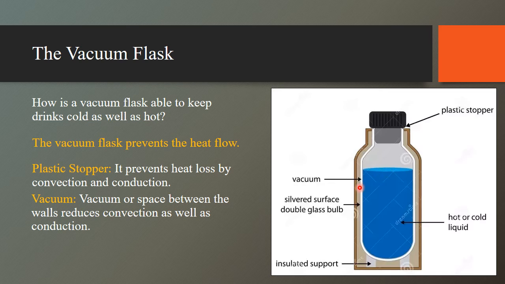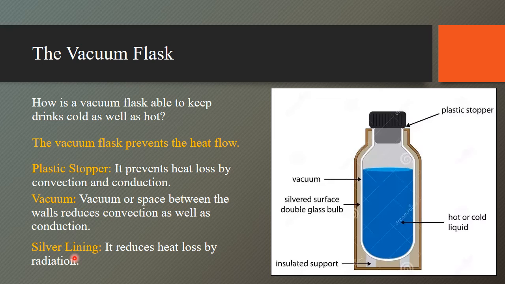Then there is the vacuum between its walls. The vacuum avoids convection as well as conduction. So the convection and conduction, two of the heat transferring processes, are prevented by the plastic stopper and the vacuum. We only have the third mechanism of heat transfer to worry about, which is radiation, and that is prevented by the silver lining.